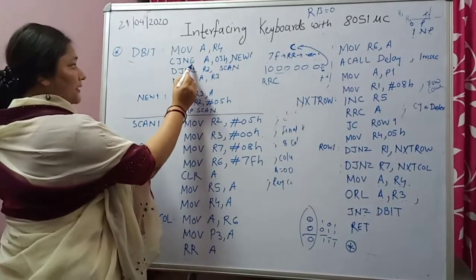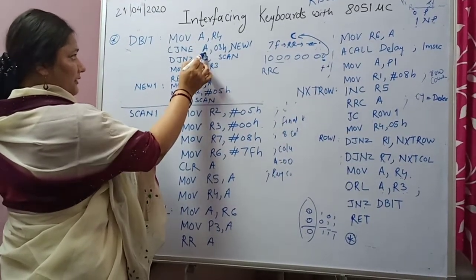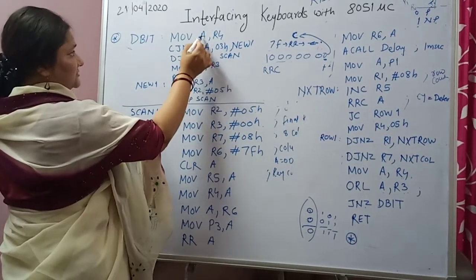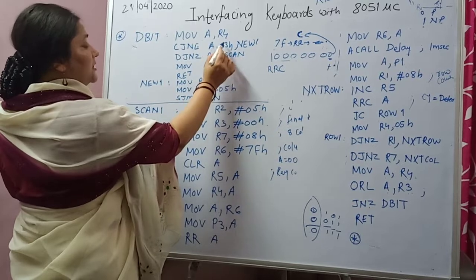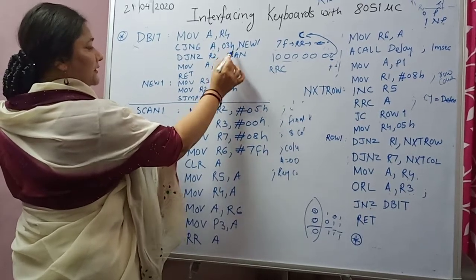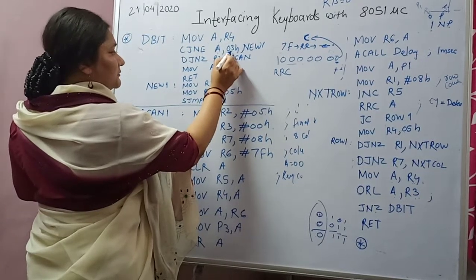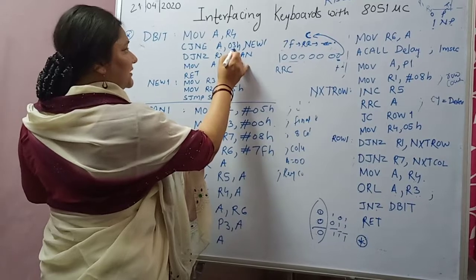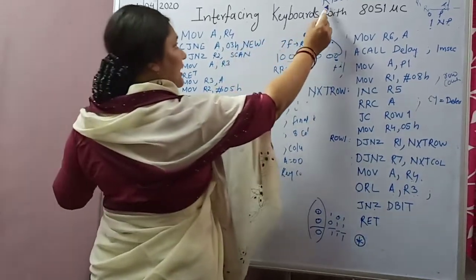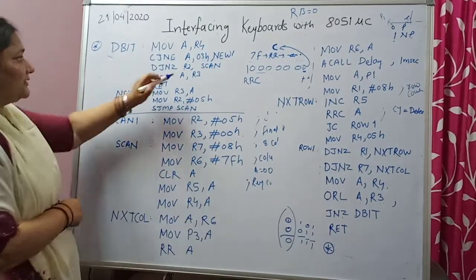We are comparing the contents of the accumulator, which contains whatever R4 contains, and it is not a comparison with 03 immediate data. It is a comparison with address 03. So address 03 means it is the R3 register. Why? Because we are using register bank 0. So 03 address stands for the R3 register.